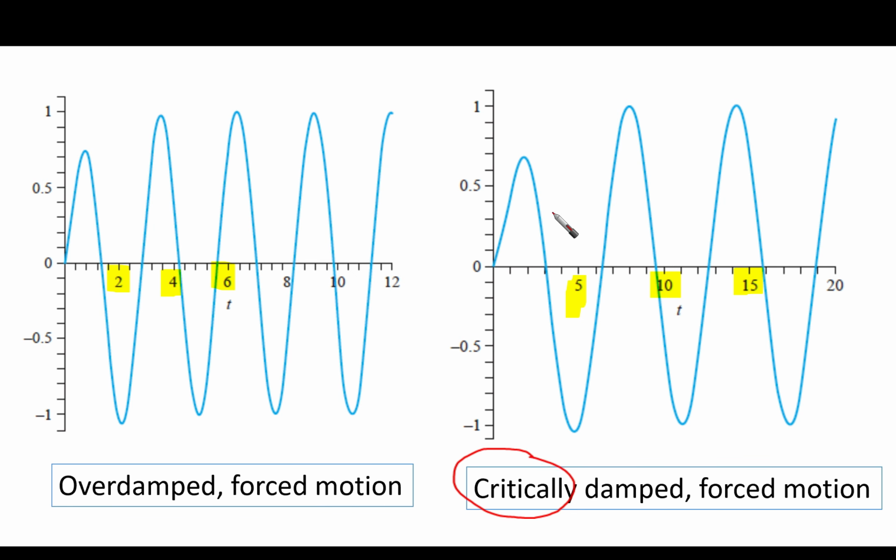So look here. This is the previous one, which is overdamped. They are almost the same, but the difference is, look how many peaks and cycles we have here. We have 1, 2, 3, 4, almost 5, until t equal to 12 seconds. Look here. We have 1, 2, 3, 4 only at t equal to 20.